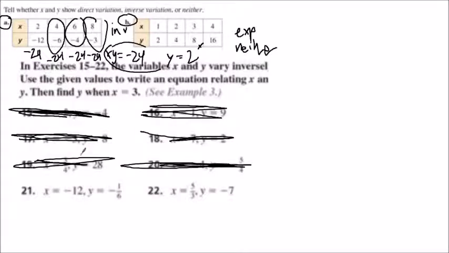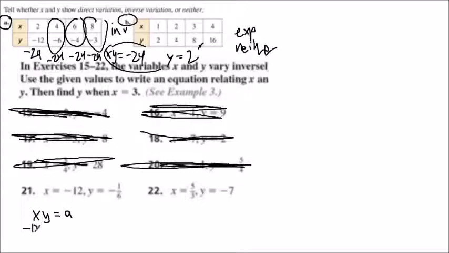So in exercises 15 through 22, the variables x and y vary inversely. Use these to write an equation relating x and y, and find y when x is equal to 3. So when y is equal to negative 1 and x is equal to negative 12, we'll do xy is equal to a, right? xy is equal to a, I already told you.